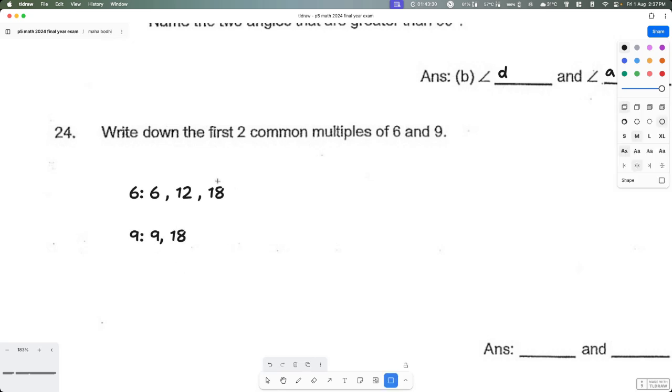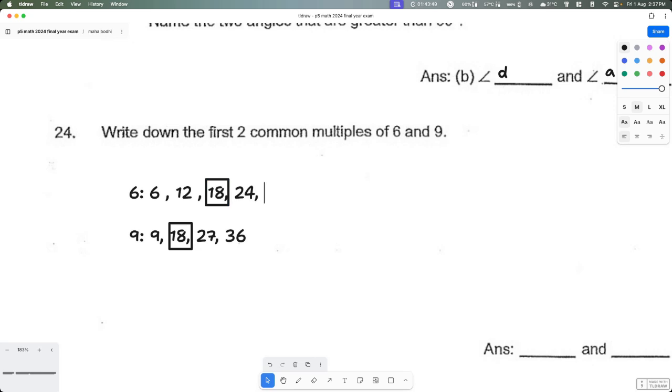So we have 18 and 18. Then we can continue: 24, no, not 24, 27. Then we have 36. Do we have 36 from 6? Yes, of course: 18, 24, 30, and then 36.